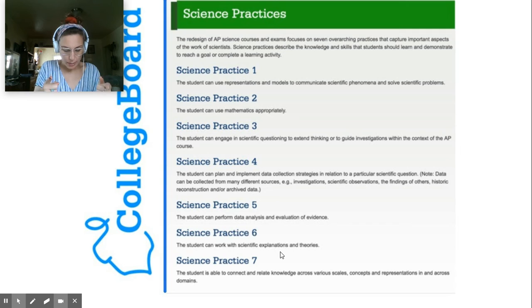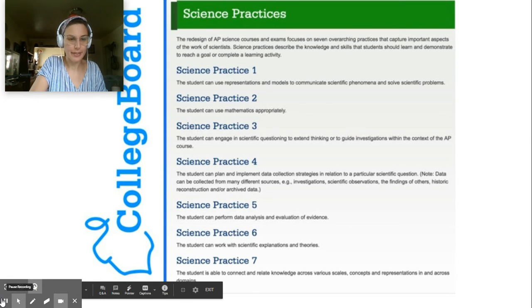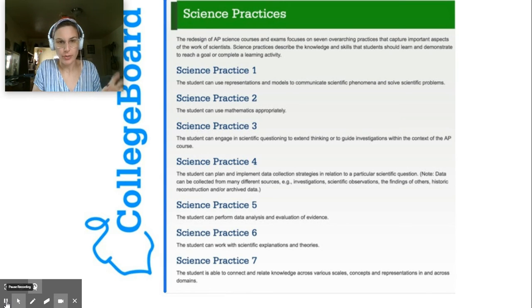Okay, so now let me help you fill in your little highlight section. Okay, so for number 1, we have communicating with models. Okay, number 2, using mathematics appropriately. You could just write math. Okay. Number 3, questioning scientifically. Okay.